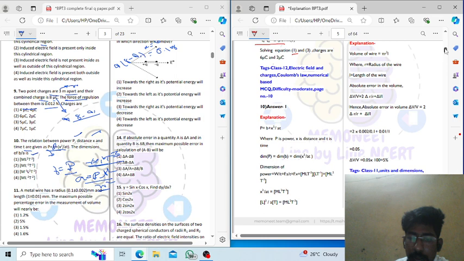So the dimension of B by A will become the dimension of P into T from the dimensional homogeneity formula. P is M L squared T to the minus 3. So into T, it will become M L squared T to the minus 2. So option number 1 is correct, M L squared T to the minus 2. Simple.